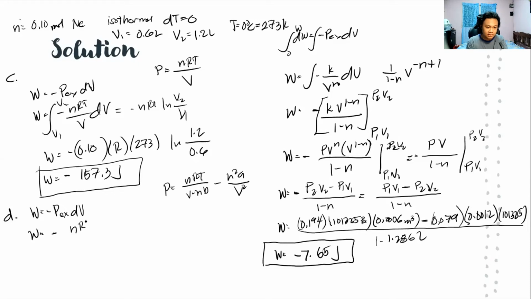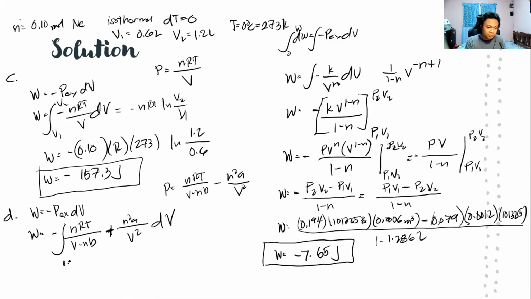So nRT over V minus nb, minus n squared a over V squared, dV, and then let's integrate that from V1 to V2, which is transform it to input this in your calculator, na, diba?